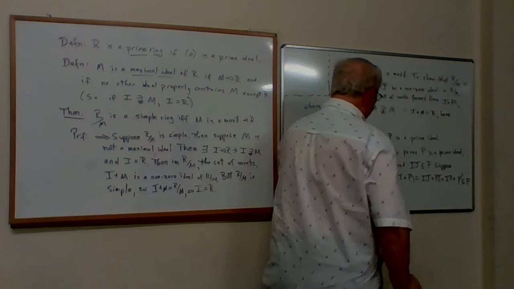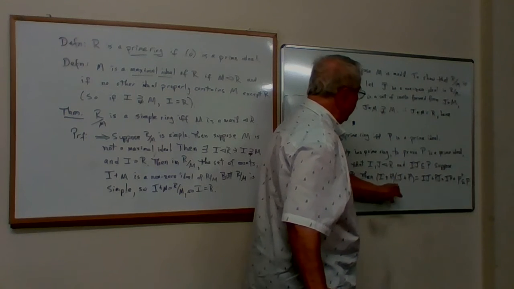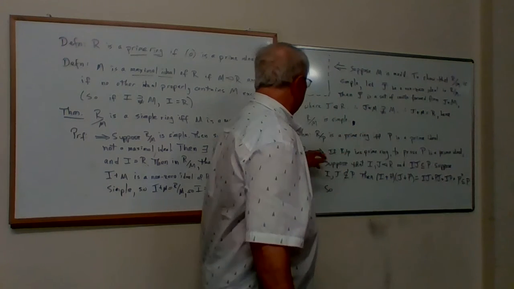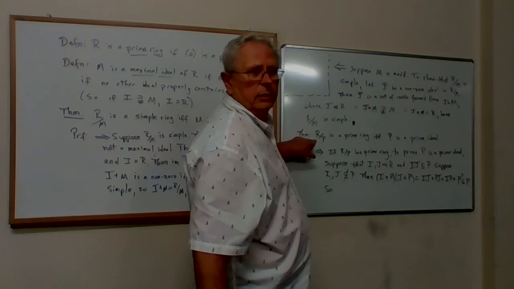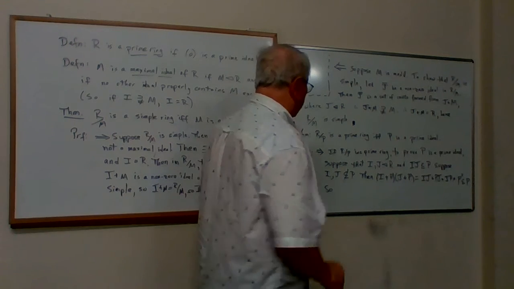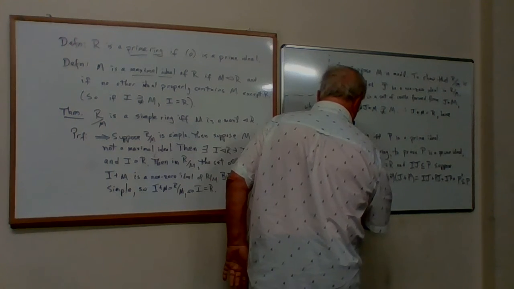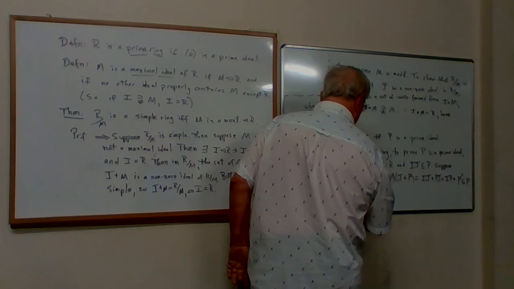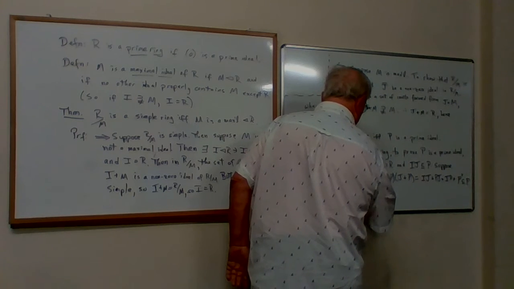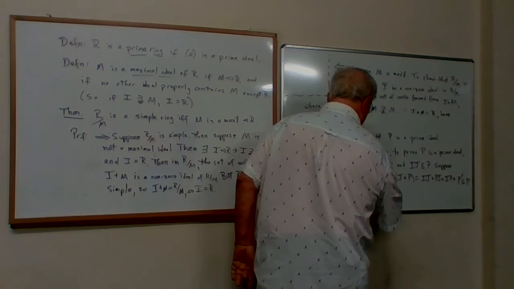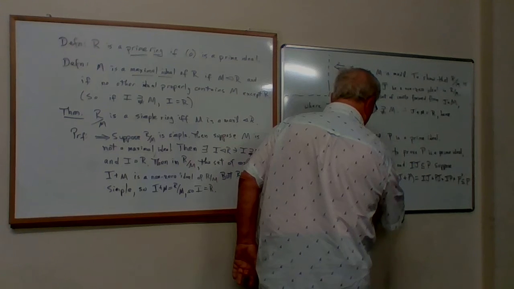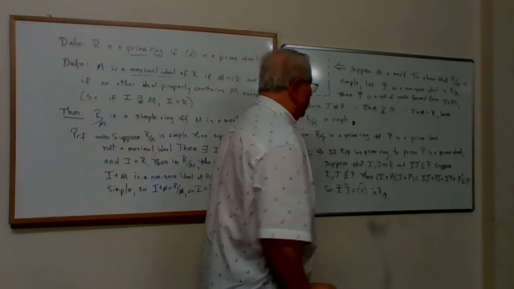So now, let's project these two ideals into the quotient ring, R mod P. So I bar times J bar is equal to 0 bar in R mod P. Why?